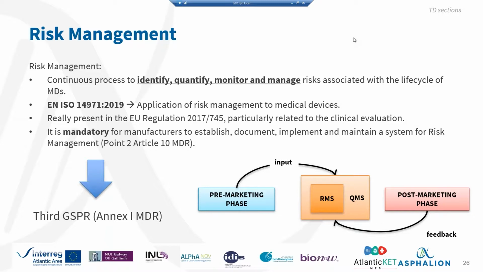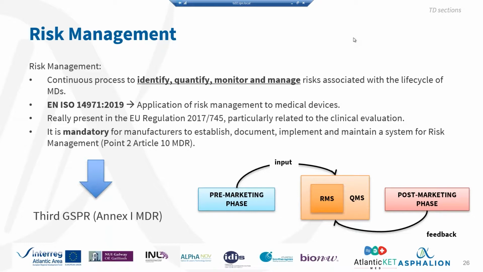And as I said, it's a mandatory requirement for all the manufacturers to establish, document, implement, and maintain a system for risk management. As we said before, it's part of the general safety and performance requirements. It's important to keep in mind that while developing your device, you will have an input from the pre-marketing phase.